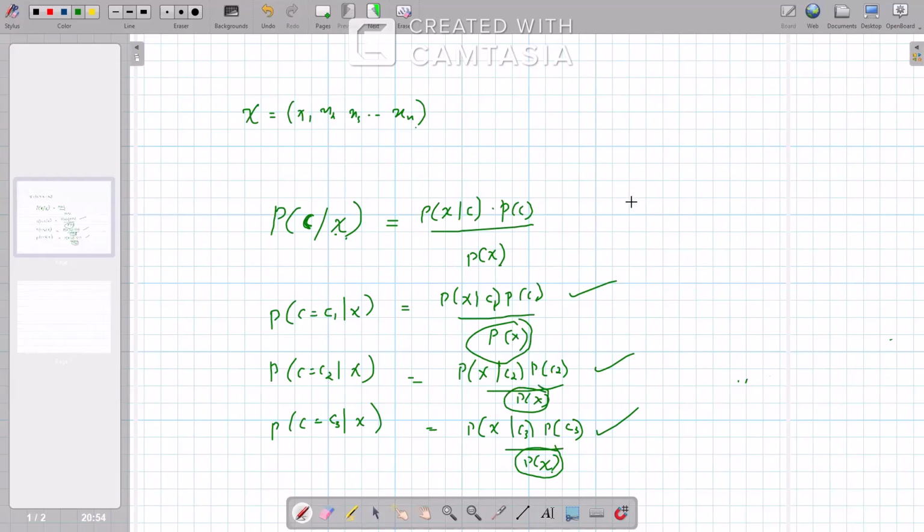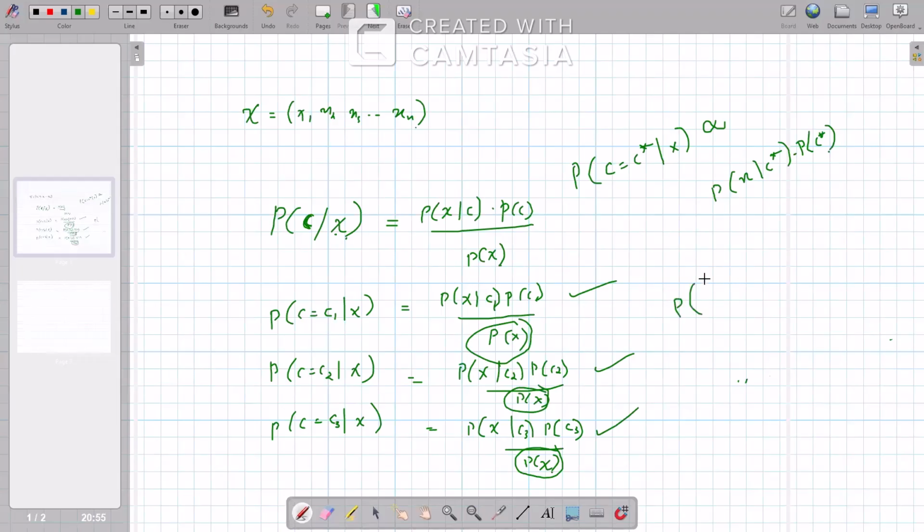So we can say that probability of C equal to C star given X is approximately equal to probability of X given C star into probability of C star, right? And the X itself is not a single random variable.